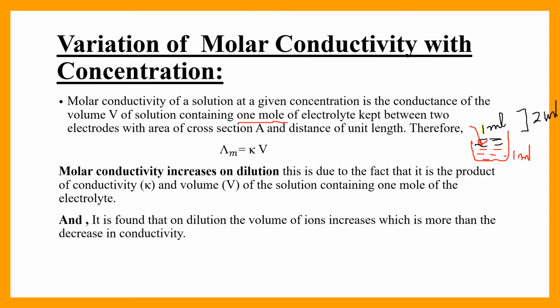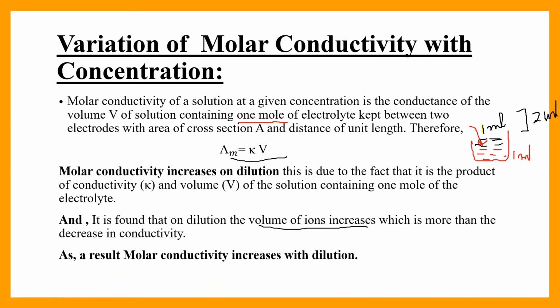And as volume increases, the conductivity will decrease, but the molar conductivity always increases on increasing the dilution, because here the volume will increase. And on dilution, the volume of ions increases, which is more than the decrease in the conductivity. So as a result, molar conductivity increases with increase in dilution.